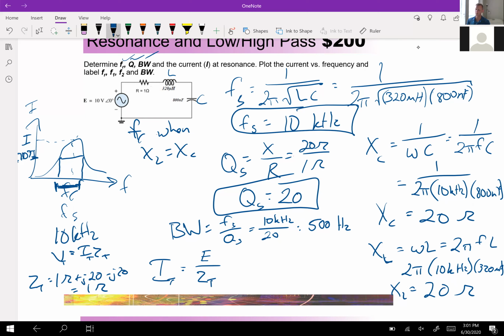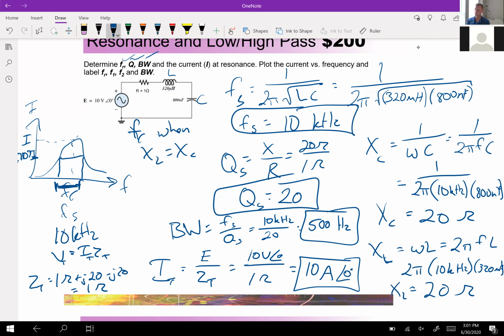So all that's left is 1 ohm. And that makes sense. If you wanted to just write the R, that would also be acceptable, because the Z total at resonance is when the X's equal each other and they effectively cancel out. So 10 volts, angle 0, over 1 ohm, and I get 10 amps. Technically that'd be 10 amps, angle 0.